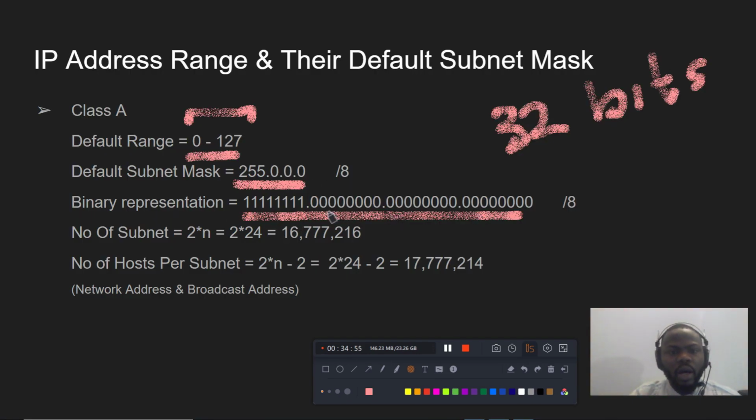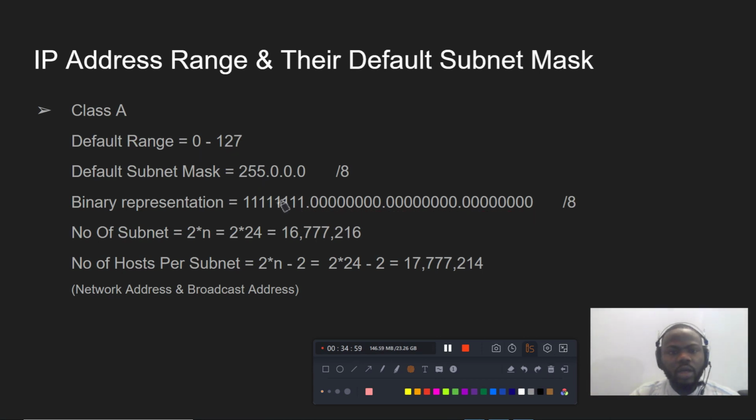So the subnet mask, the binary representation for this subnet mask is, you can see, either you are given the subnet mask as this or as this slash notation. They use either of these, so be expecting one of them. If you are given /8, I prefer to be given /8 because that makes my life easy.